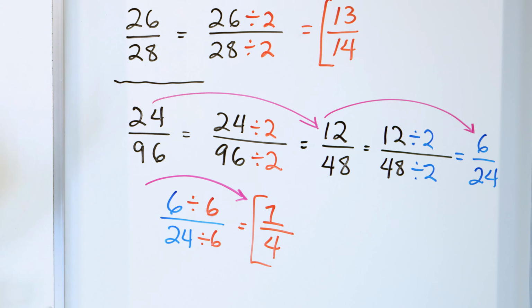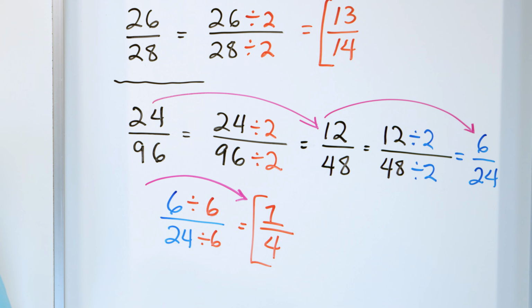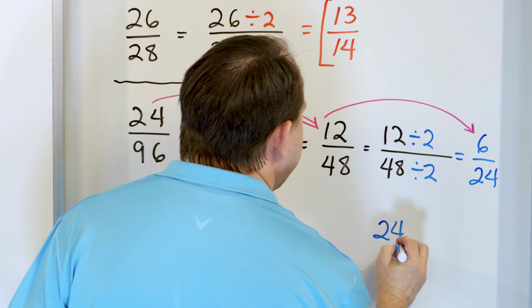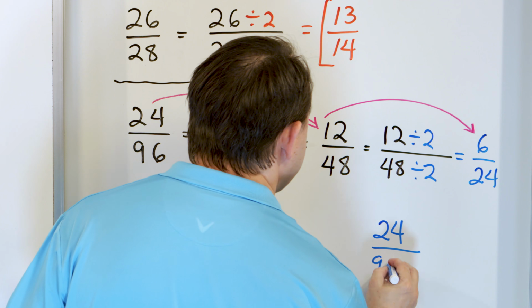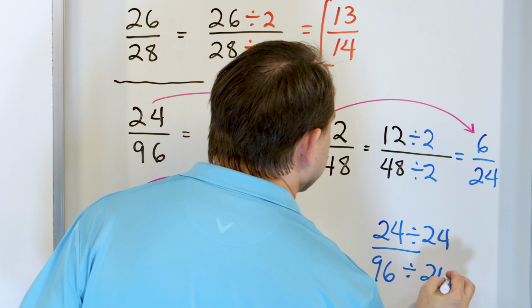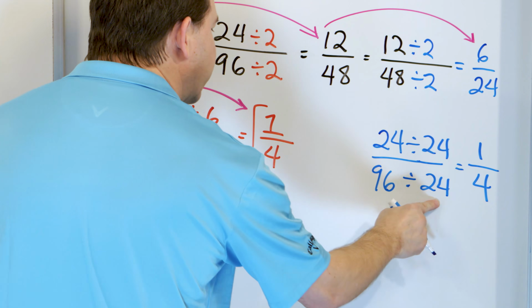What do you think that is? I think I could actually probably divide the top and bottom by 24. What I'm claiming is if I take the top and the bottom and divide by 24, what will I get? The answer is 1/4, because 4 times 24 is 96.